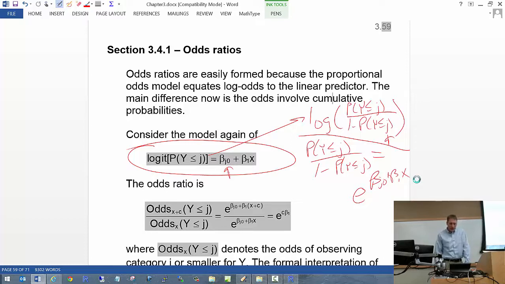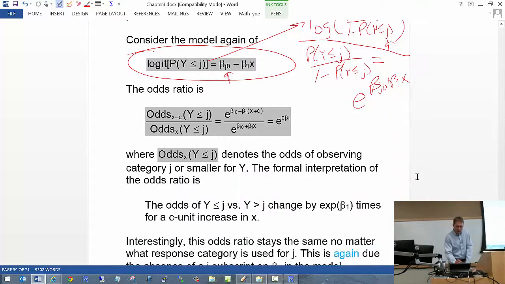And so if we look at this in the context of the explanatory variable, let's say a c unit increase of x, then we can form our odds ratio. And this is what it looks like. So the odds at x plus c divided by the odds at x. We write it out in terms of the model. Look what happens. We get some stuff canceling out as we did back in chapter 2.